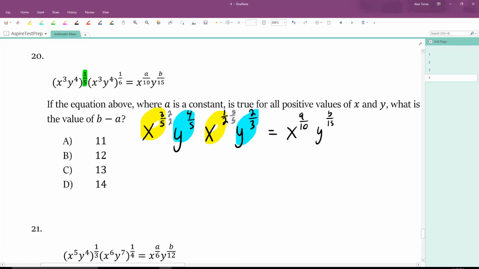So for the x's, we're going to have x to the 6/10 and x to the 5/10. And for the y's, we're going to multiply by 3 and by 5. So this one by 3/3 and this one by 5/5. So that's going to give us y to the 12/15 and the other y to the 10/15 equals all this stuff on the right hand side.